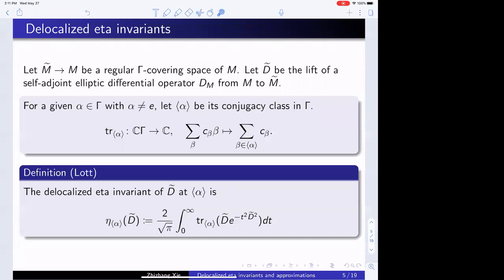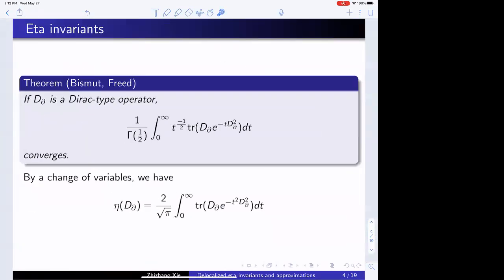All right, of course, as I mentioned before, to define the classical eta invariant, there is some verification of why the integral converges. If you use a meromorphic function approach, you have to verify it's regular at 0, or in the Bismut-Freed approach, there's some magical cancellation work you have to do to make sense of this integral.